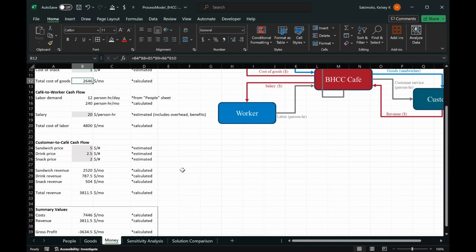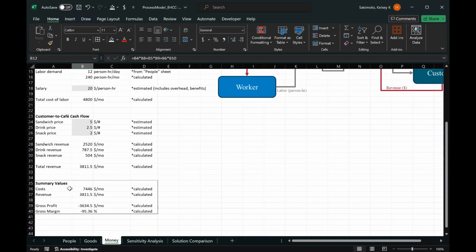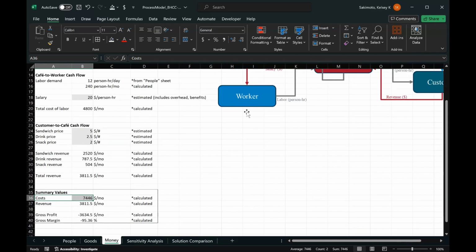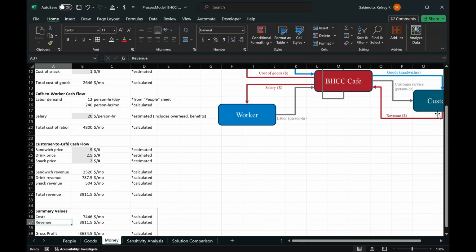At the end, ultimately, what we want to get is an estimate of how much this restaurant spends, the total costs, this coming from the money spent purchasing the food and the money spent hiring these workers. These costs are balanced against the revenue, how much money is earned by selling food products to our customer.